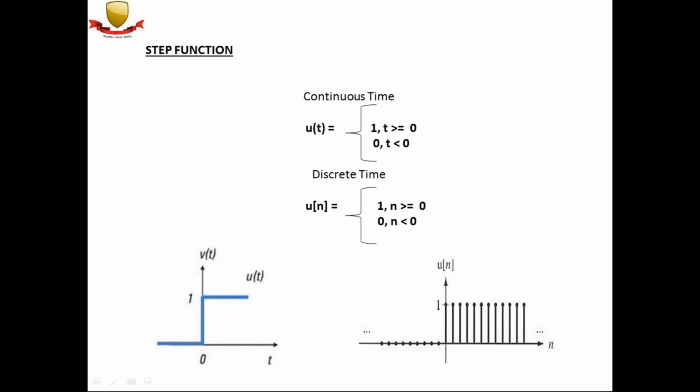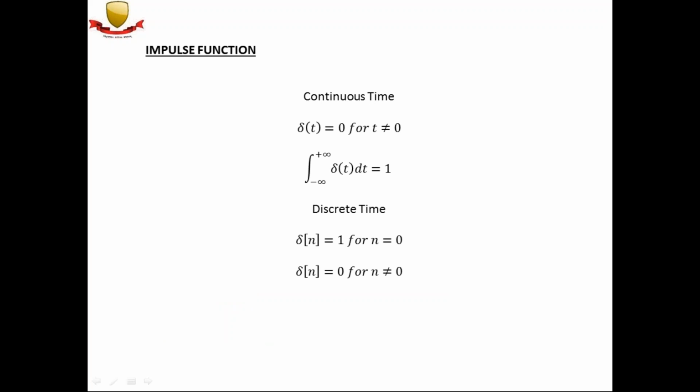Then we have the impulse function, in both continuous time and discrete time. In continuous time, it is 0 for all t not equal to 0, and the integral from minus infinity to infinity of the impulse function is equal to 1.